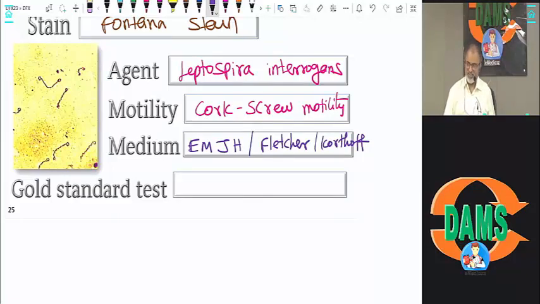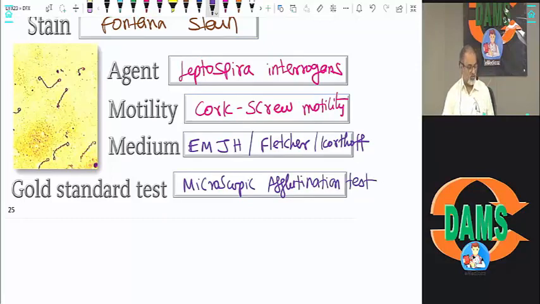Gold standard test, MCQ. Serology, what is the name of the test? MAT, microscopic agglutination test. That is the gold standard test.